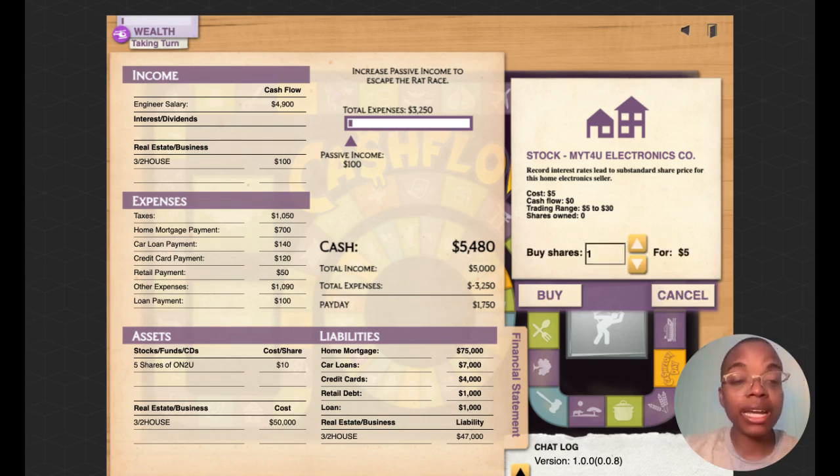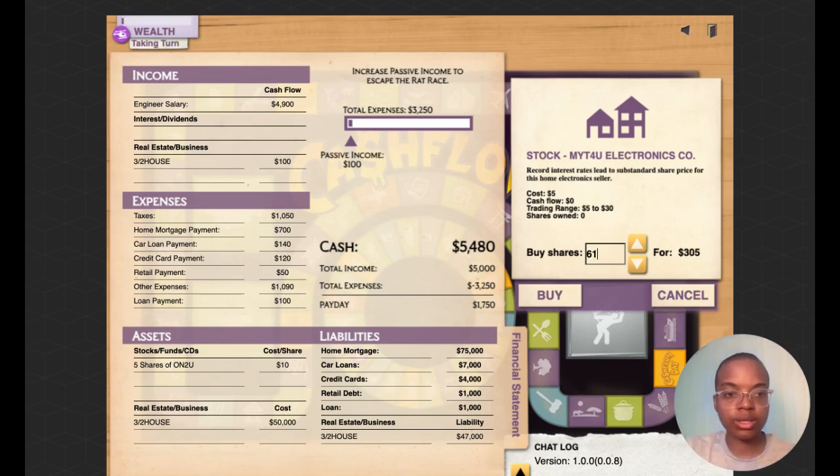So I'm going to buy it, and I'm probably going to buy for $500. If I get 100 shares for $500, if I want to put in 3 grand, I might do 600 shares.